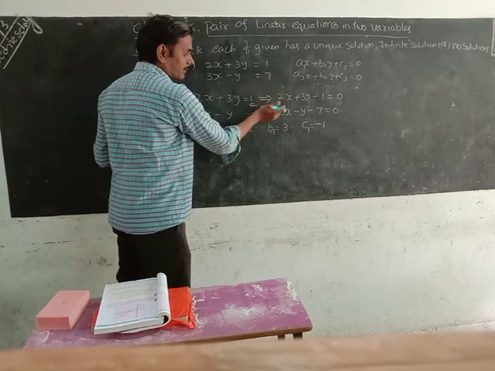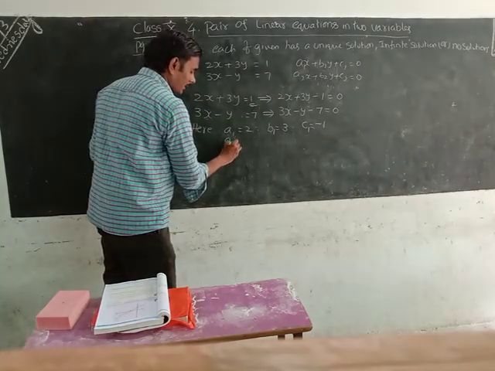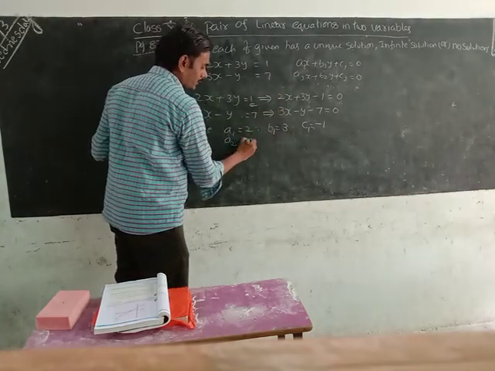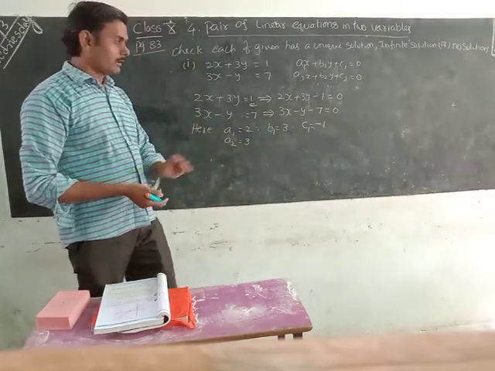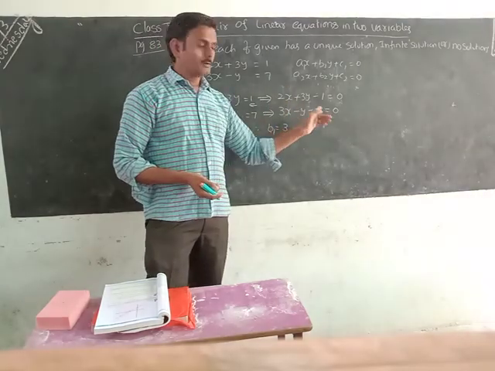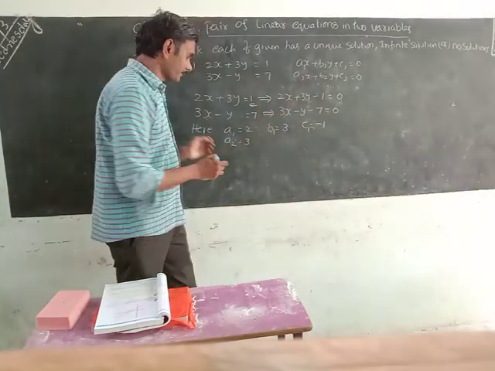Similarly, take the second equation. a2 equal to 3. The x coefficient is always related to a, the y coefficient always related to b, the constant related to c.